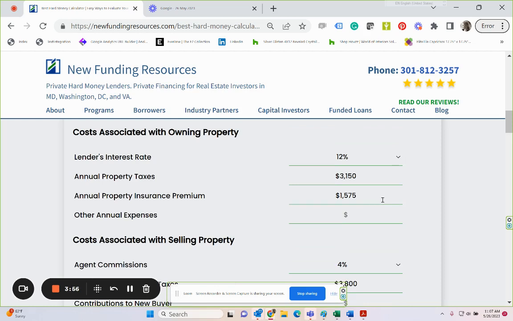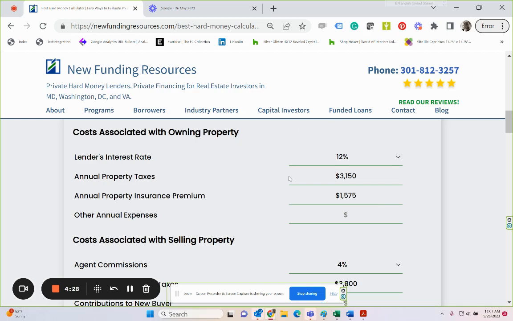Costs associated with owning the property, what are they? Of course, it's the interest rate, the payments that you will be making to the lender during your loan being outstanding. It's property taxes that you will be paying as the owner of the property. It's your insurance premium. You will need to maintain a proper insurance policy for the duration of the loan. There might be some other annual expenses. What can they be? Like, for example, HOA fees. You might need to mow your lawn or do something like that.